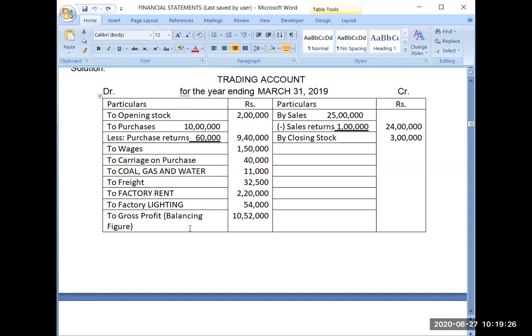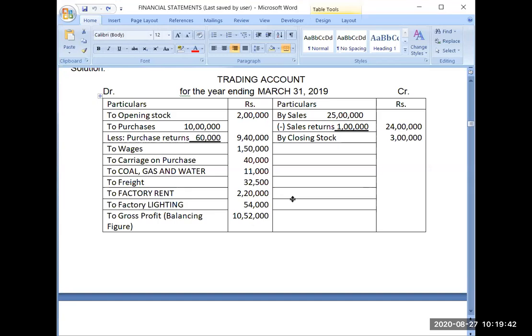So it is a credit balance. If we do -4 plus 3, you will get -1. So whichever sign is greater, the balance comes accordingly. Same is the case here also.